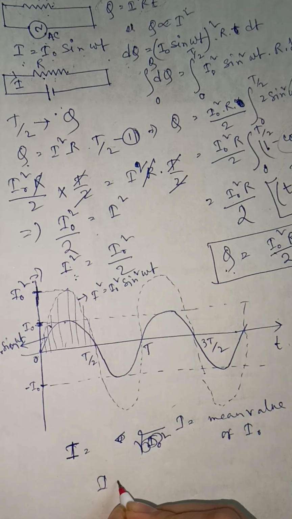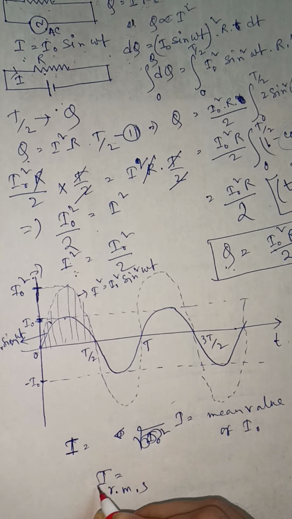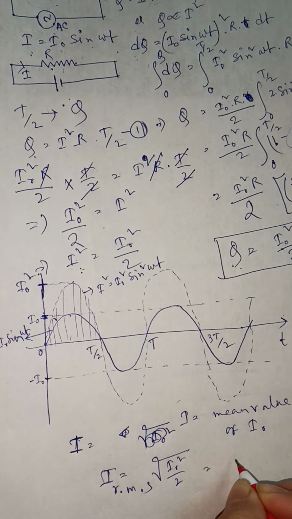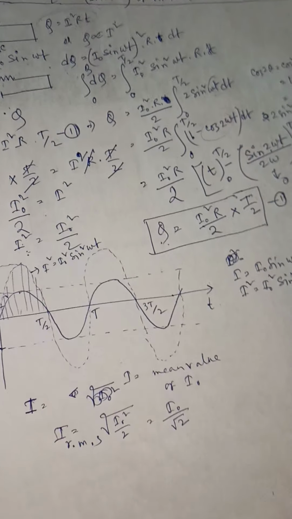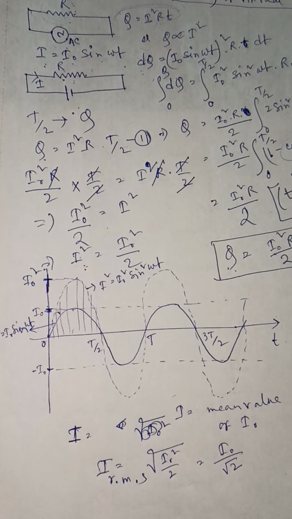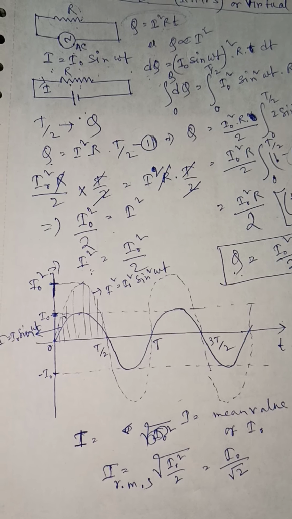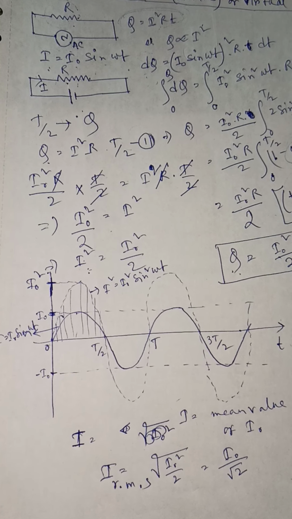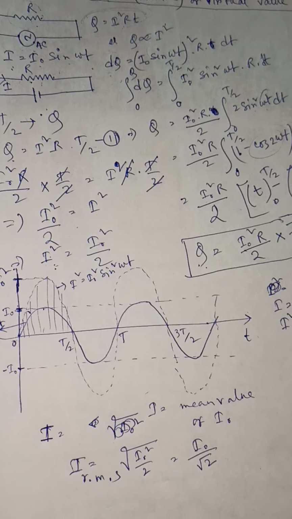So I equals, this is the RMS value of AC, which equals root over I naught square by 2. That means I naught by root 2. So this is the RMS value of AC.